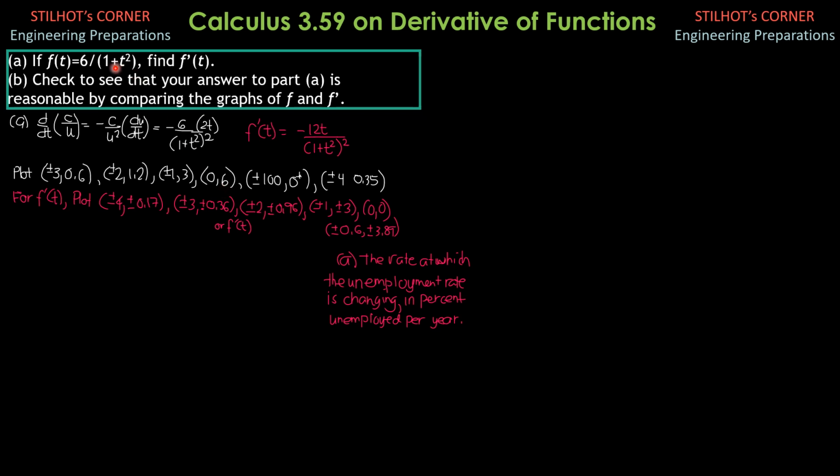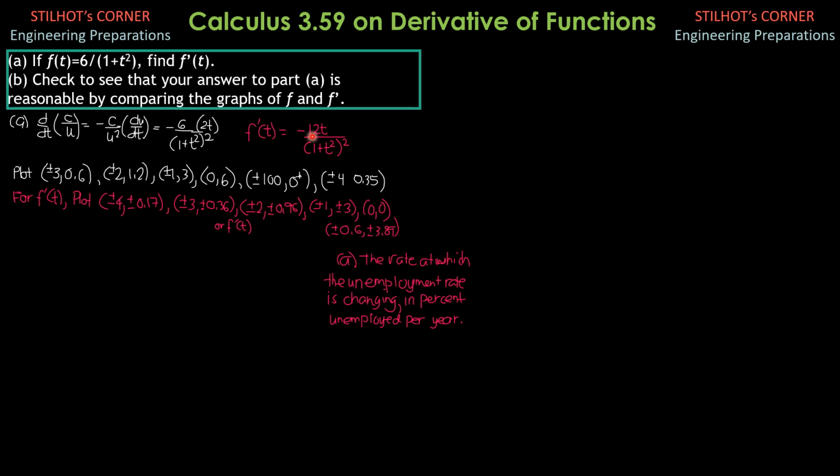Then when t is plus minus 100 or plus minus infinity, 6 over 1 plus infinity squared, or 6 over infinity, is 0 but positive. So we have almost 0 but positive. So that's the idea.